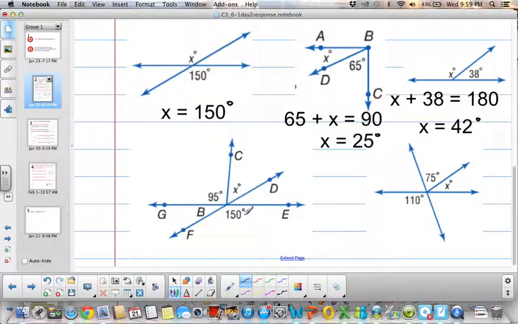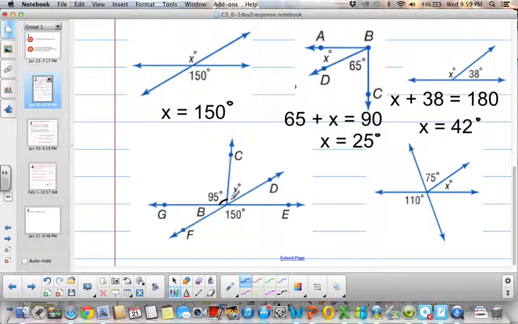So we know that if we can find a vertical angle, then we can use our 150. So if you notice that this line, I'm trying to follow it with my mouse, is 150, then our vertical angle right here, GBD, is 150 also, okay?